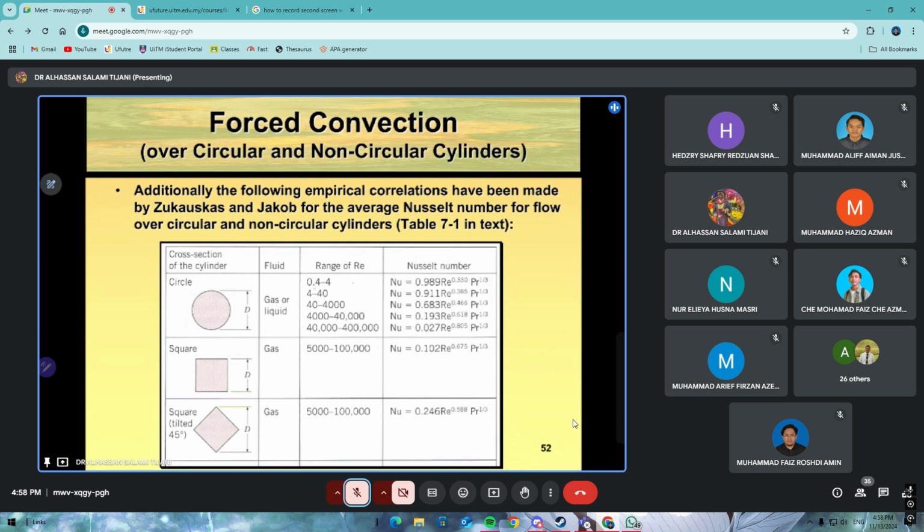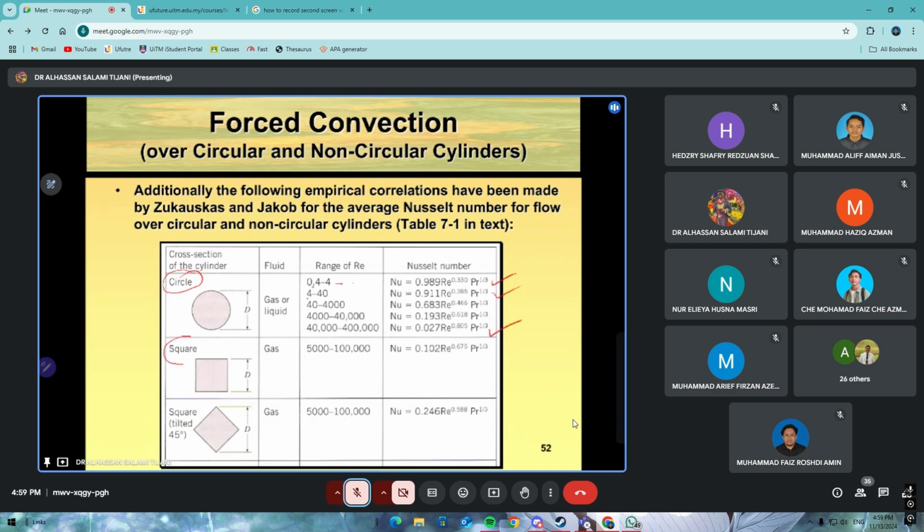For a Reynolds number between 0.4 up to 4 for a circular object, the appropriate Nusselt number is this. Similarly, for 4 up to 40, the appropriate Nusselt number is this. So based on the Reynolds number that you calculate, you have to use it to identify the appropriate Nusselt number.